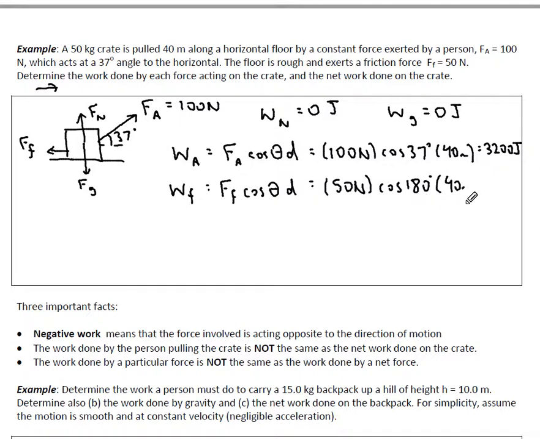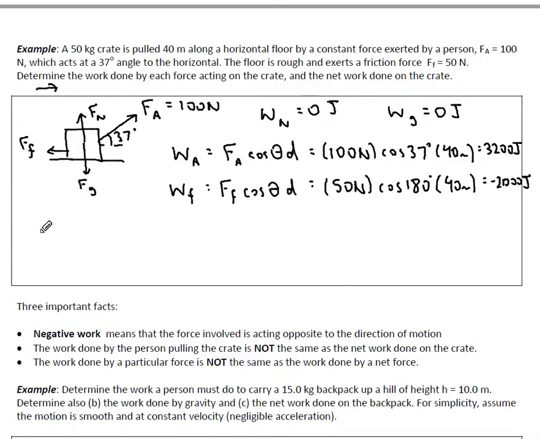Times 40 meters. We end up with negative 2,000 joules. So the work done by the applied force is 3,200 joules, work done by friction is negative 2,000 joules. If those two numbers were equal in magnitude, so if the applied work was 2,000 and friction was negative 2,000, that means the speed of the object's not changing.